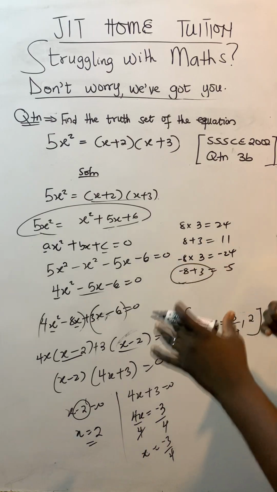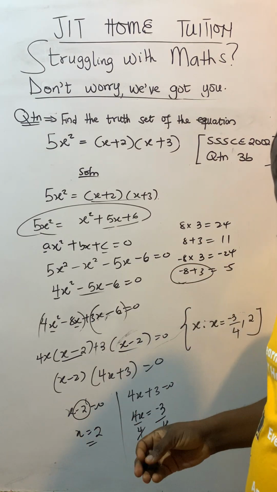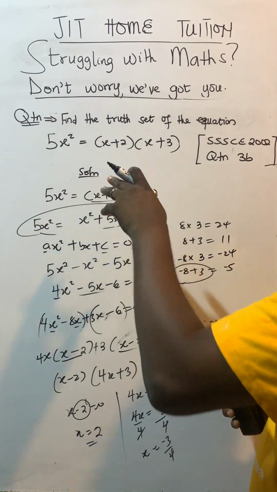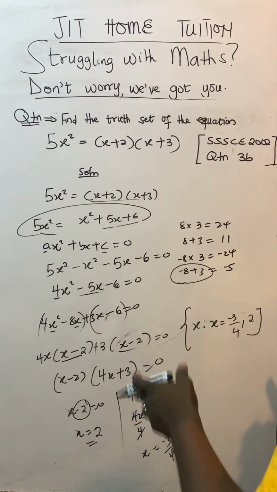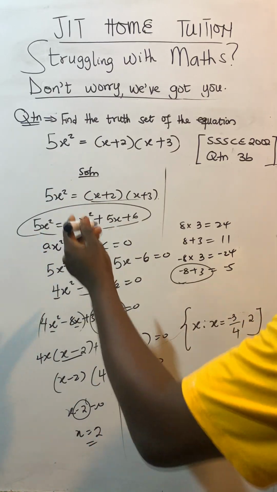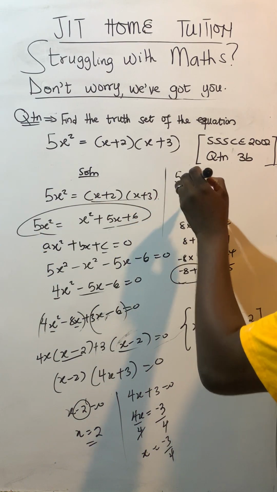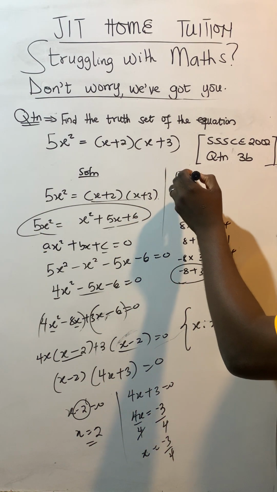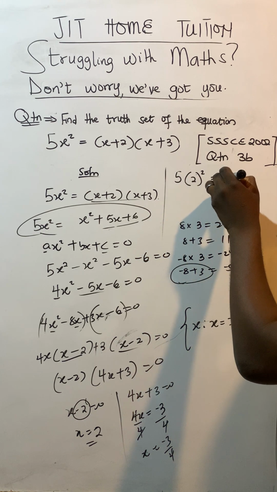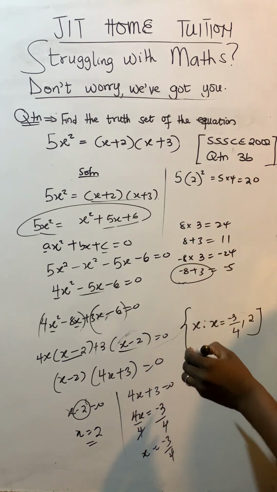All right, but in most cases, to be sure that what you've done is correct, you have to put in the value of x to see whether it gives you the same thing you are looking for. So for instance, let's look at this one: 5x squared, assuming x is 2. That gives you 5 times 4, which is 20.